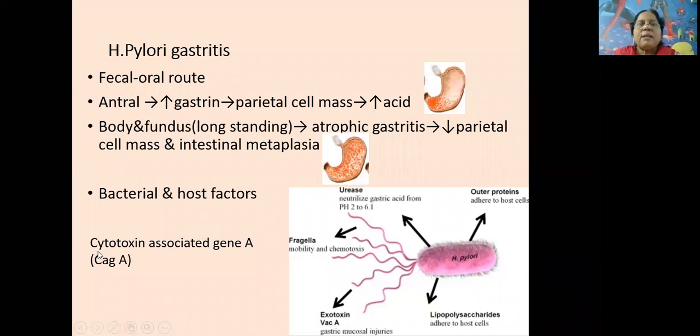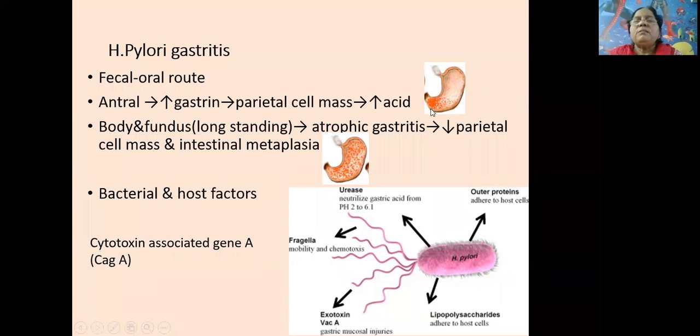This is the exotoxin, and this will cause injury to the mucosa. Initially it colonizes in the antrum and causes gastritis in the antrum.